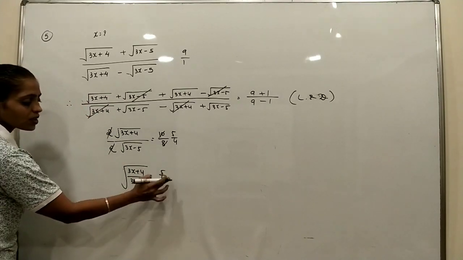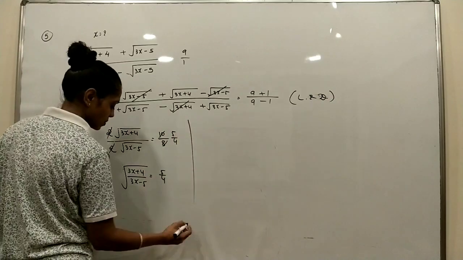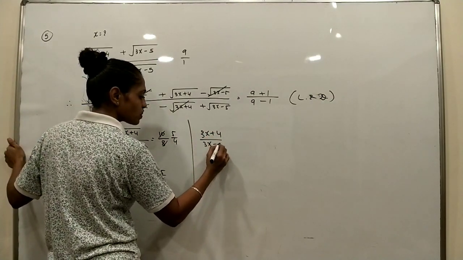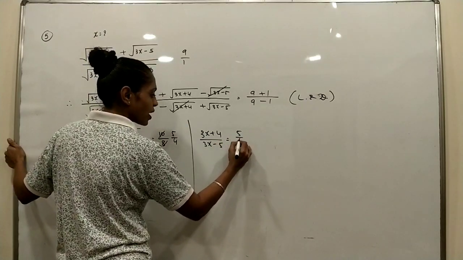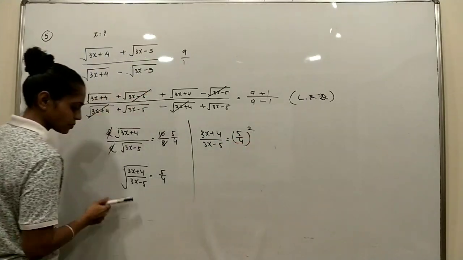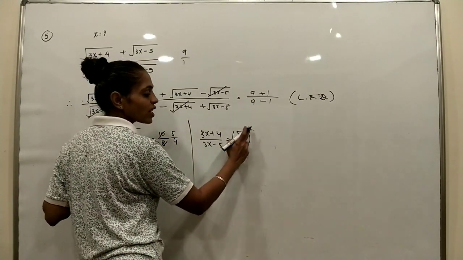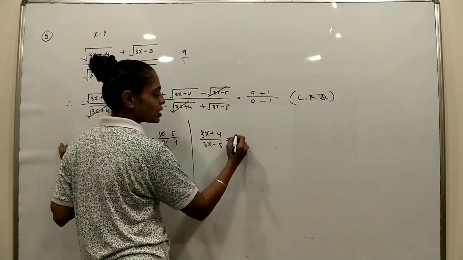Now root on the other side becomes square. So 3x plus 4 upon 3x minus 5 is 5 upon 4 the whole square. So 5 square is 25 upon 16, right?